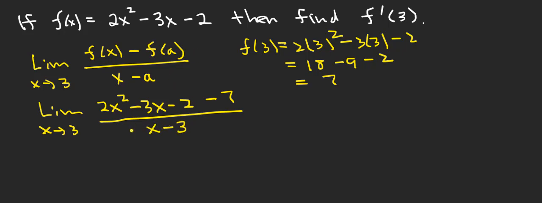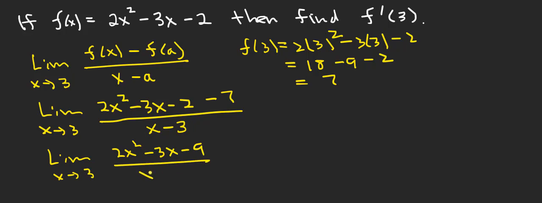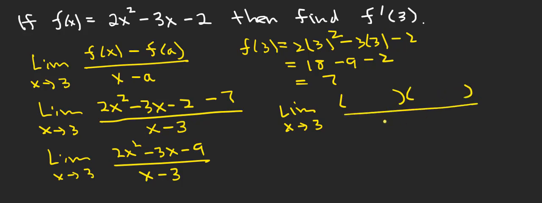So now when you simplify this, you're going to get the limit as x goes to 3 of 2x squared minus 3x minus 9 all over x minus 3. Now it looks like we need to factor this. So let's have x minus 3.